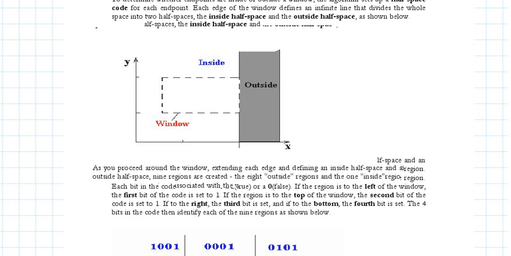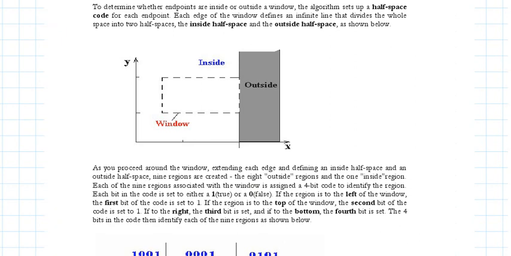Now, each of the 9 regions associated with the window is assigned a 4-bit code to identify the region. This is again an important line.